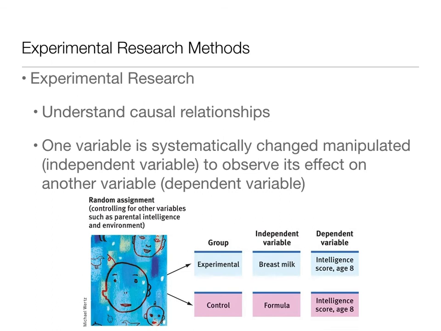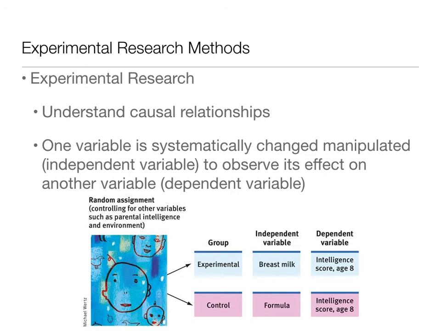We need to look at a group of infants that only is exposed to breast milk and a group of infants that's only exposed to formula. Now, we need to do this in a random way. We can't already pick families that have picked formula versus families that have picked breast milk because they may have differences in those groups. So we need to take a group of families and say, hey, this half is only going to feed breast milk, and this half is only going to feed formula.